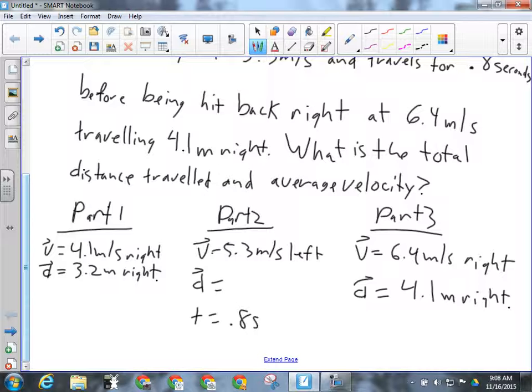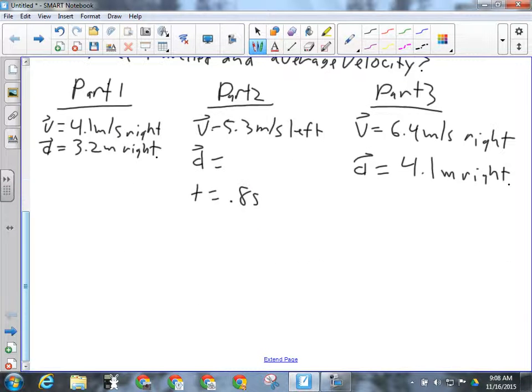All right, so I know that the time is 0.8 seconds, and I know that the speed is 5.3 meters per second, so I'm going to manipulate v equals d over t to solve for d. All right, how do I do that? Right, so I multiply both sides by t. t comes over here, and now I'm solving for d.